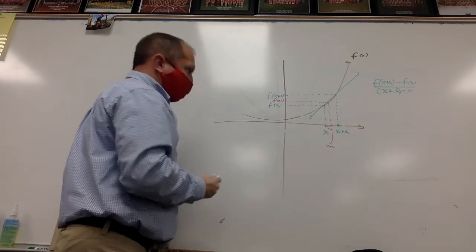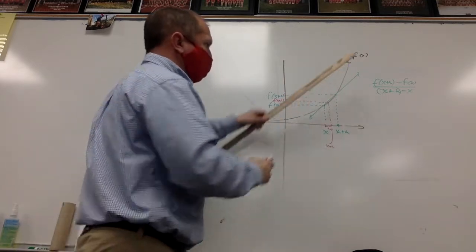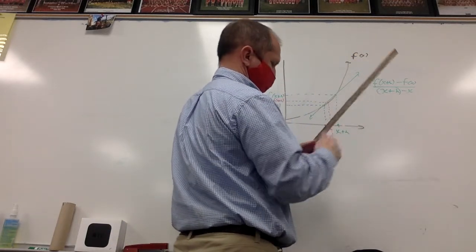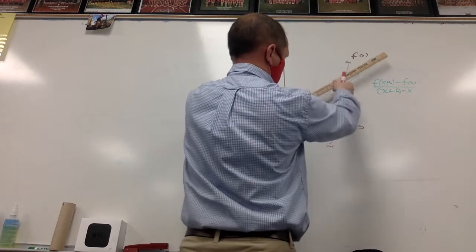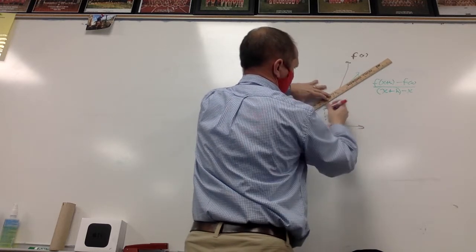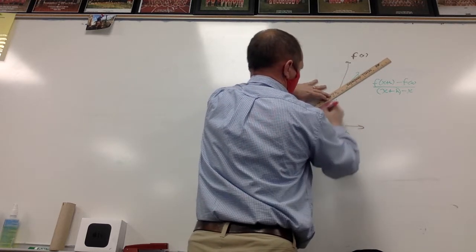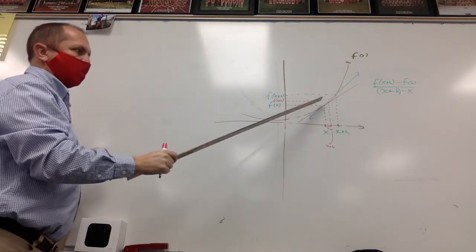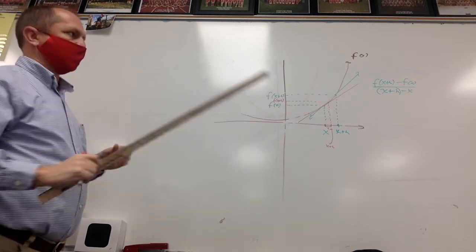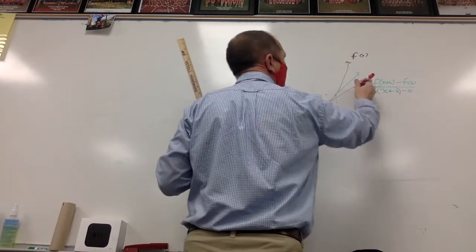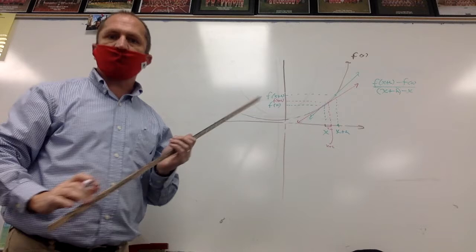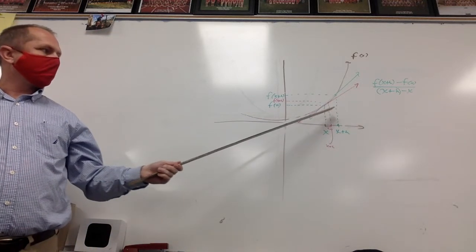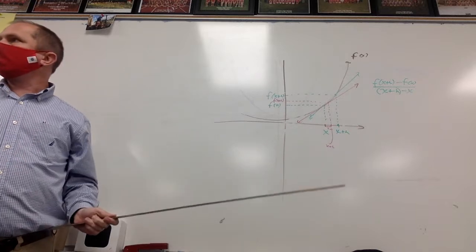And if I construct a secant line going through these 2 points, then I get an even better approximation of what the slope would be right there. See how the pink line hugs the curve just a little bit better than what the green line hugged the curve.